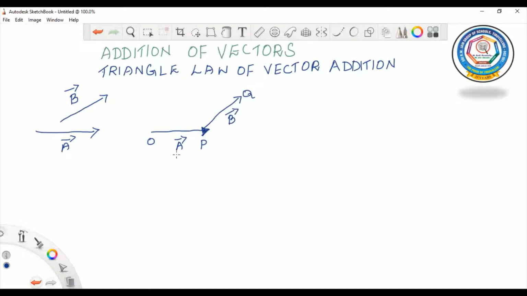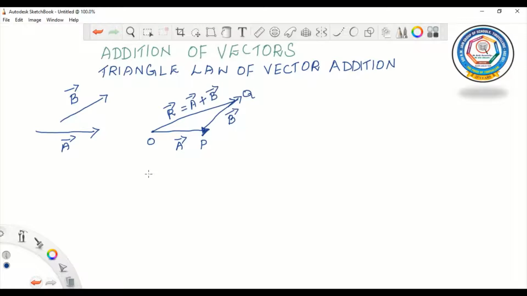Then what will be the resultant? According to this law, the resultant is represented completely both in magnitude and direction by the third side of the triangle taken in the opposite order. So, if it is in the opposite order, the third side will be drawn from this tail, that is the tail of the first vector, from this point O to this point Q. So the resultant vector R is equal to A vector plus B vector.